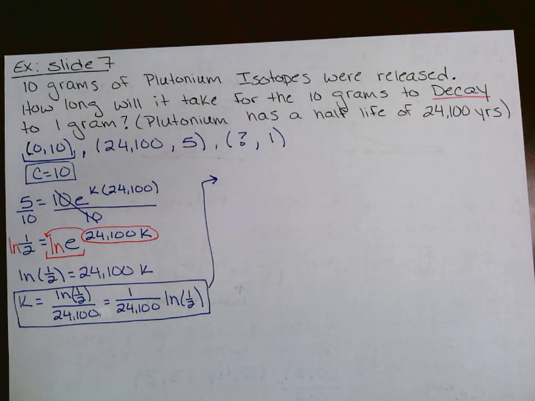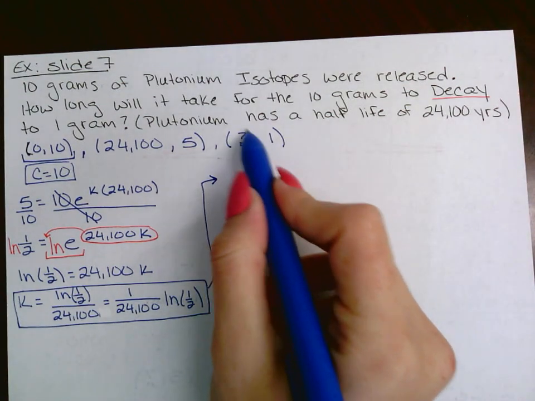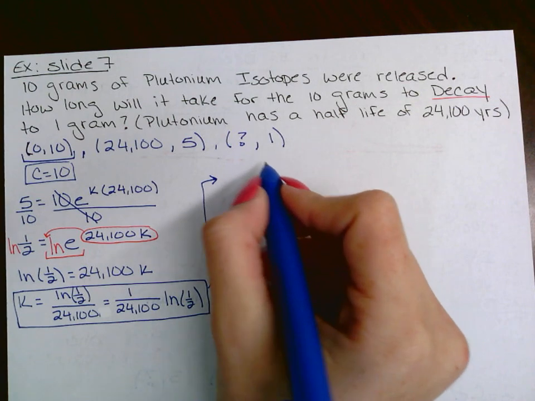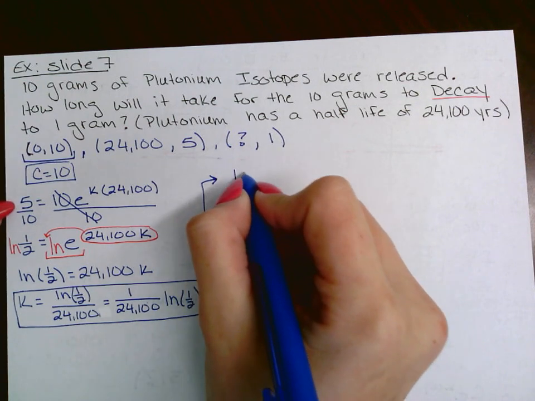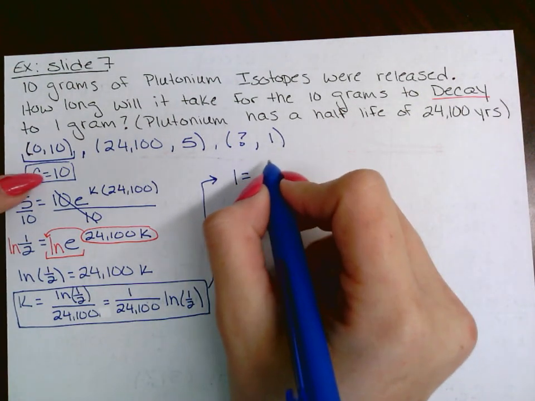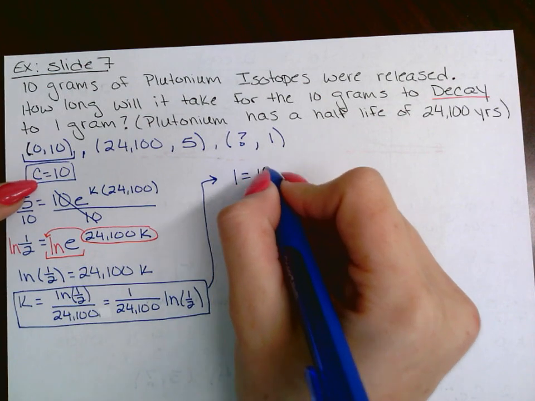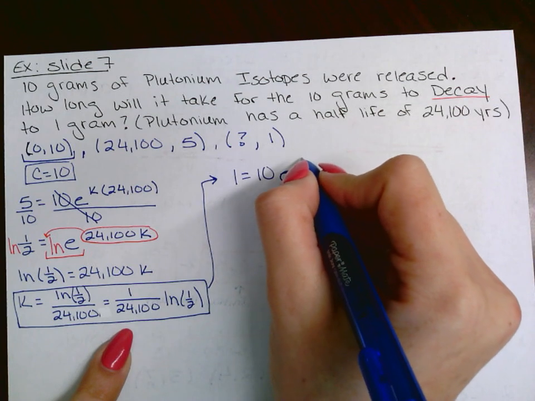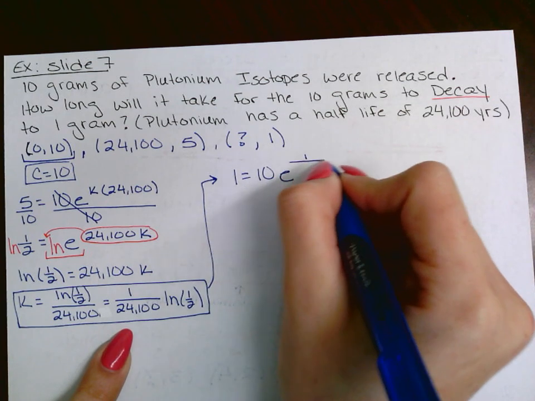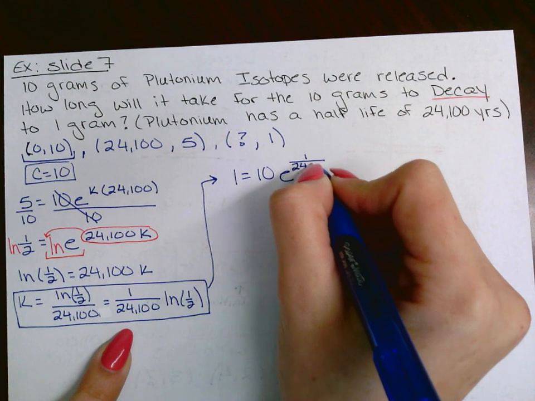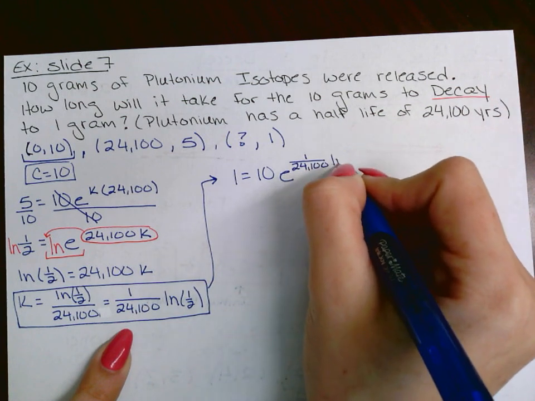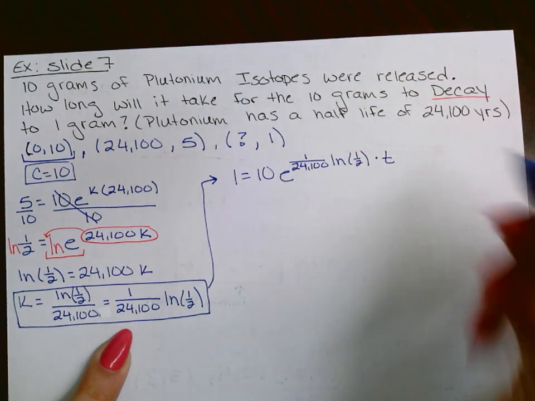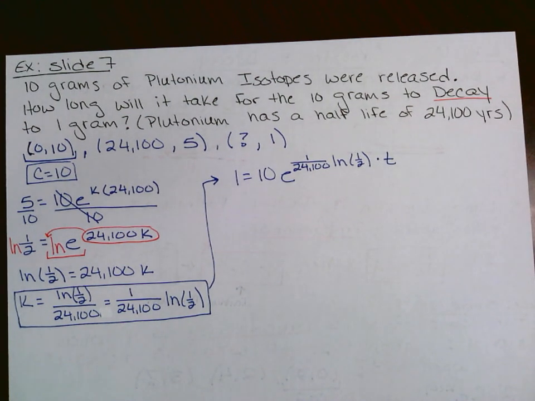And now our last step. What is time when my value of the grams is at 1? So unlike the last question, I'm plugging 1 into the y, and I'm solving for time. So I have C, which is 10, times E raised to all of this, which is K, times T. Okay?